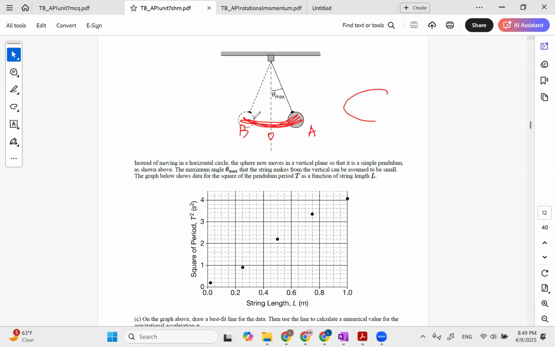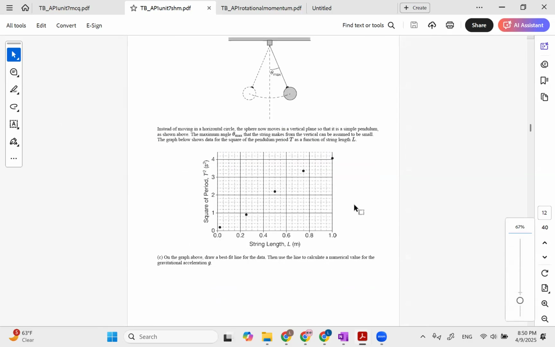Earlier it's a horizontal circle this way. So don't get confused between conical pendulum and simple pendulum. So right now, second part, right?